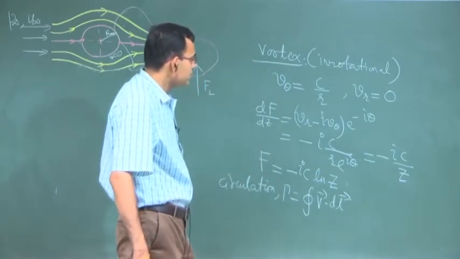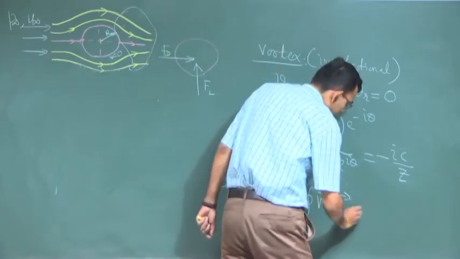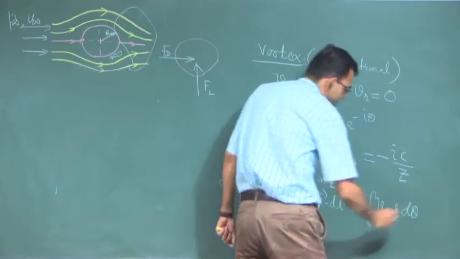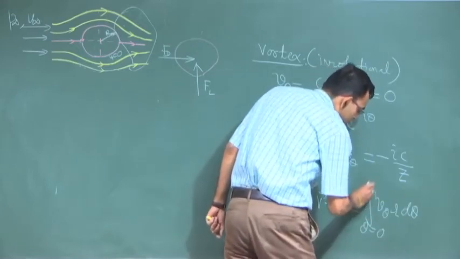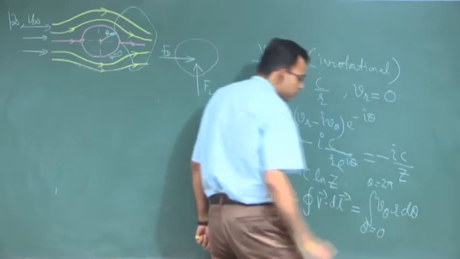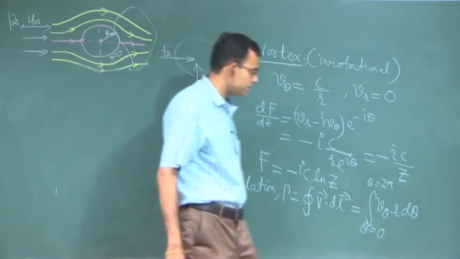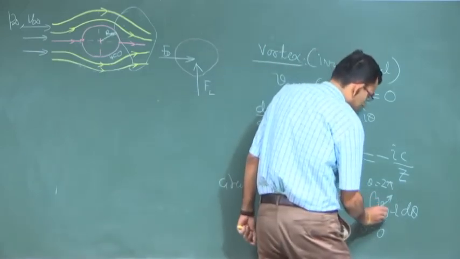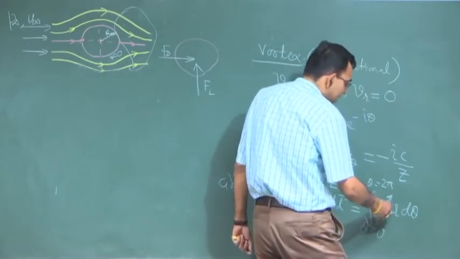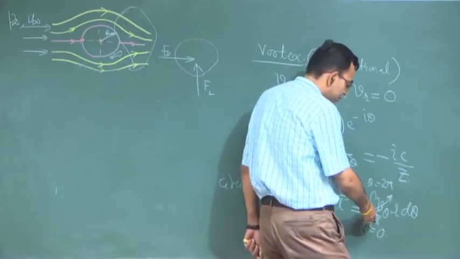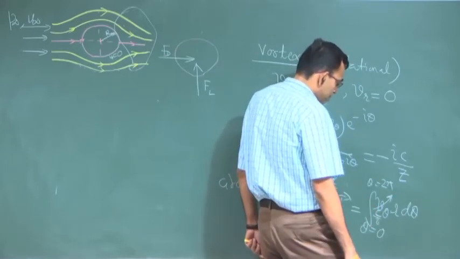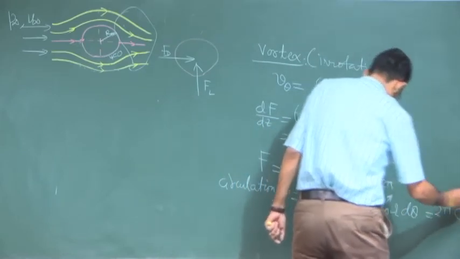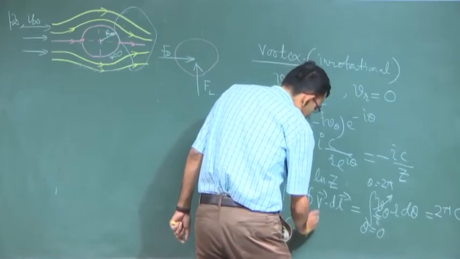So, this is nothing but V theta into R d theta from theta equal to 0 to theta equal to 2 pi, dl is R d theta. So, V theta is C by R and these two get cancelled, that is how you can get rid of the singularity. So, this will be C into 2 pi, therefore, C is gamma by 2 pi.